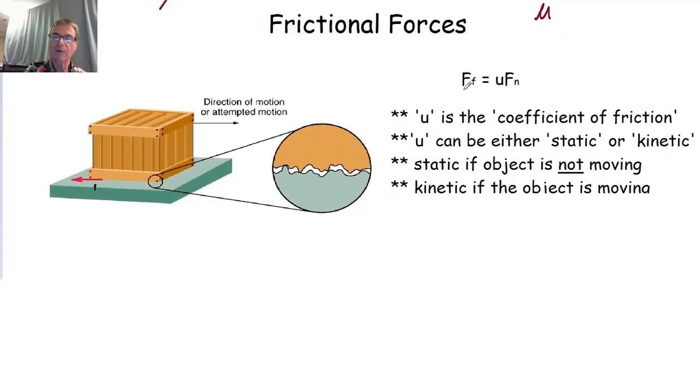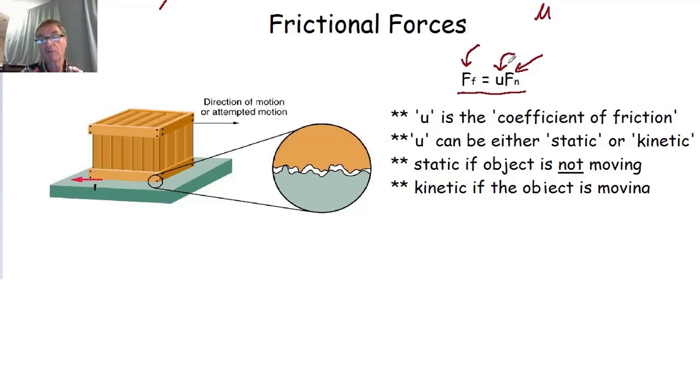The equation for a frictional force is right here. The frictional force on a given object is equal to mu, the coefficient of friction, times something called the normal force of an object against the surface. We'll get into the normal force in a bit, but that's really all there is to it.